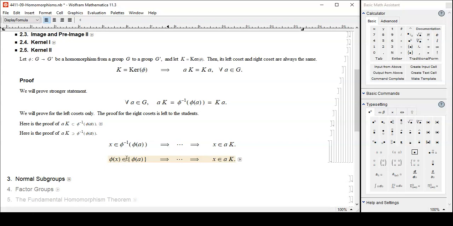But then again, this is a singleton. So this is actually the same as, you can rewrite like this. And from here, somehow you have to work out that x belongs to a times k. In other words, x is a times a certain k.